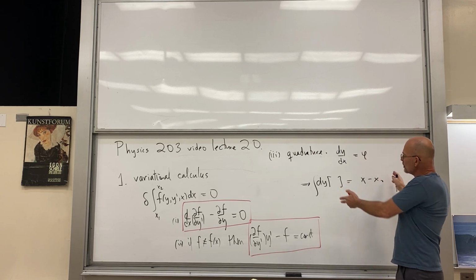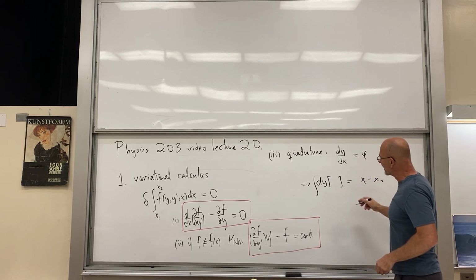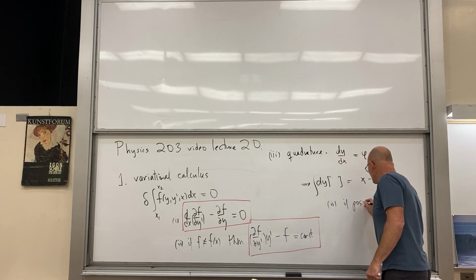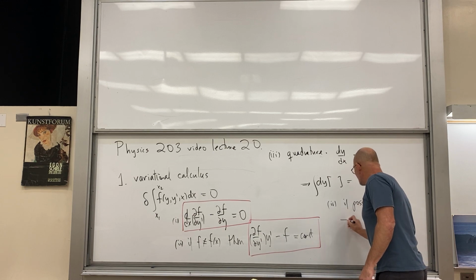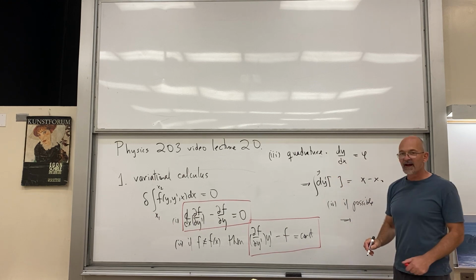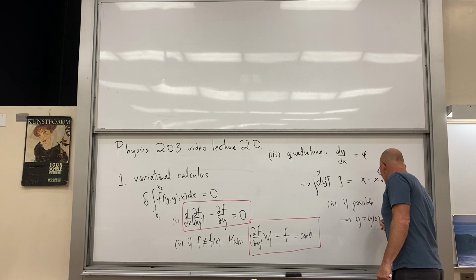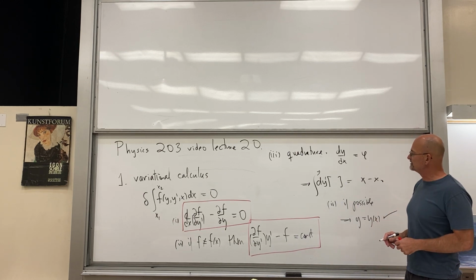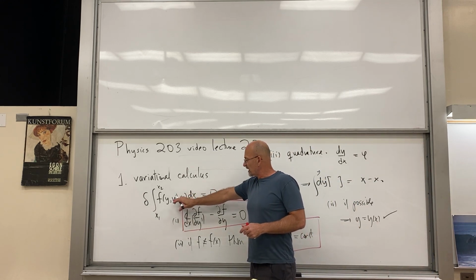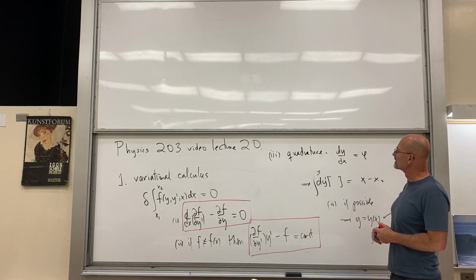So this would be the reduction to a quadrature, and if you can actually invert this, then you could get y of x. So finally, if possible, go from x equals x of y, which is what we have right there, to y equals y of x. In that case, we would be done with the problem. Good, so I have a nice problem with this form, and that'll be one of them, so variational calculus.